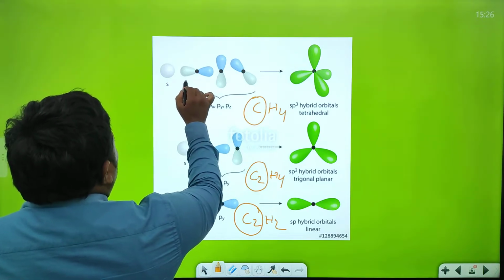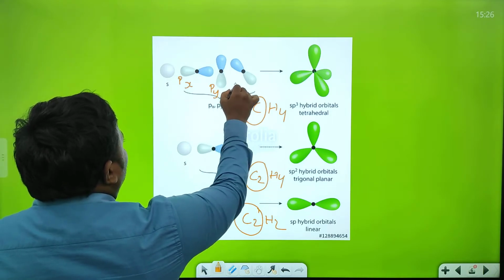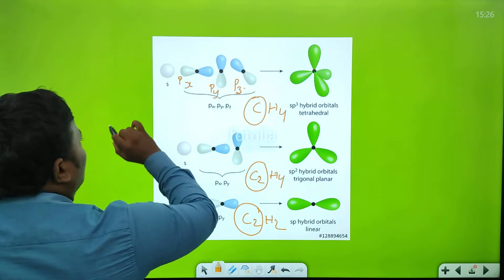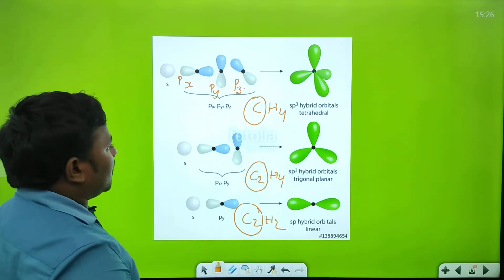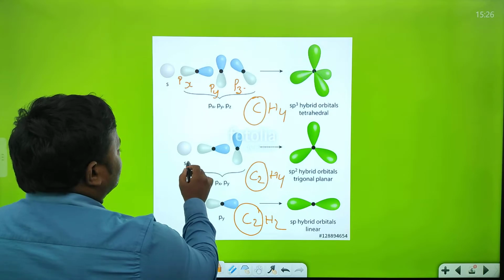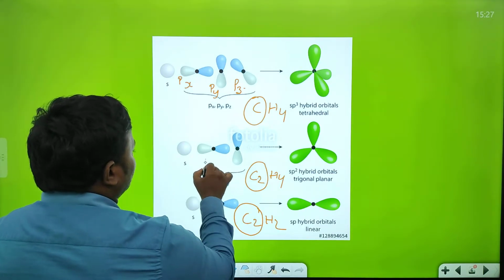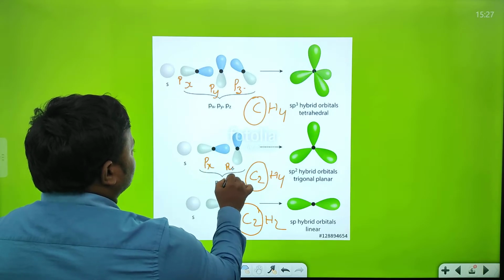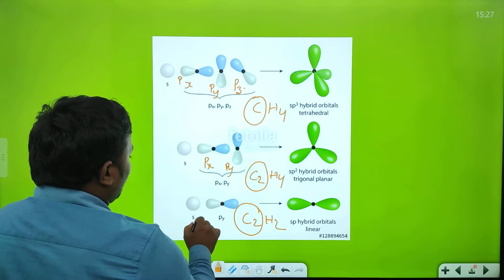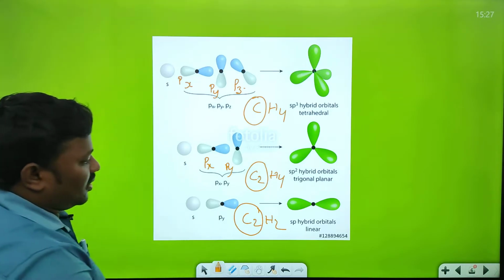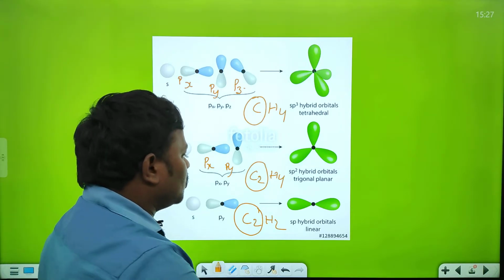It is the s, Px, Py and Pz. These four orbitals intermix to form four hybrid orbitals. Only three orbitals intermix, forming three new hybrid orbitals, in sp2. In sp, the s and Px orbitals directly overlap to form the new hybrid.